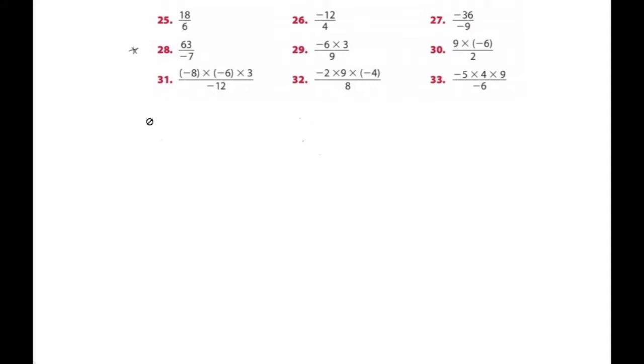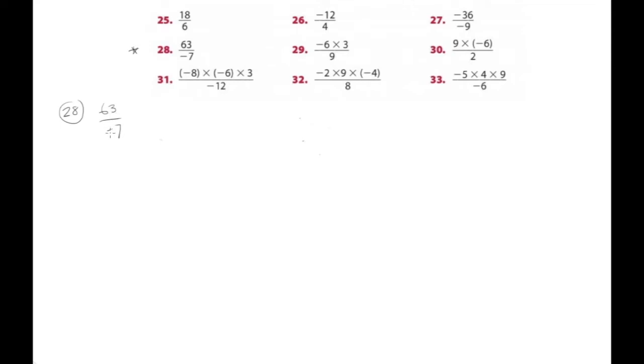Look at the rest of these questions here. So, starting at number 28. Here we have 63, which is a positive number because it has no negative sign in front of it, and it's being divided by a negative number.